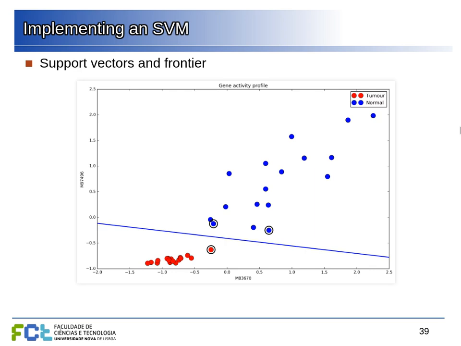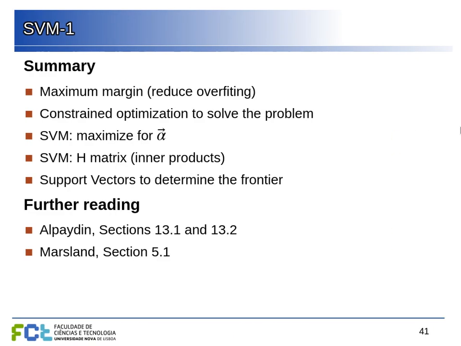This was explicitly computed to maximize the distance between the hyperplane and our support vectors, those points that are closer to the hyperplane. So to sum up this part, we saw that to reduce overfitting, we need to maximize the margin. Because if we don't maximize the margin, the discriminant can lie too close to some points, and this means that if those points are not really at the edge of the class, then we can have misclassification when we get new examples.